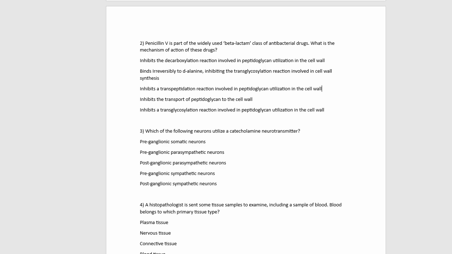Does it bind irreversibly to D-alanine, inhibiting the transglycosylation reaction involved in cell synthesis? Does it inhibit a transpeptidation reaction involved in peptidoglycan utilization in the cell wall? Does it inhibit the transport of peptidoglycan to the cell wall? Or does it inhibit a transglycosylation reaction involved in peptidoglycan utilization in the cell wall?